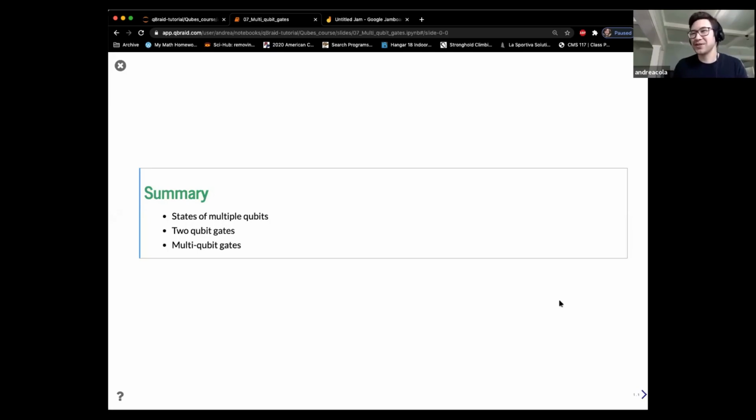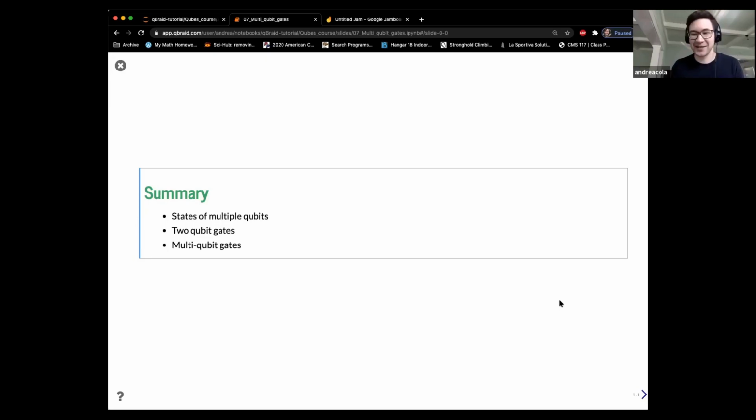Complex quantum computations require multiple qubits. Okay, so the summary for this section is we will formally see what states of multiple qubits are. Then we will look at 2-qubit gates or 2-qubit states as a special, simpler example, and then we'll generalize this naturally to more than 2 qubits.